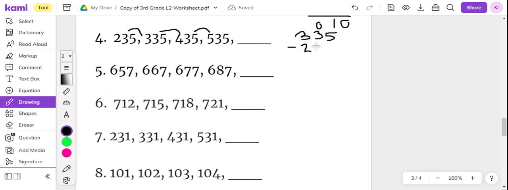So this is all subtraction. So 0, 0, and 1. So that means each time the number goes up by 100. So 535 plus 100 is 635.